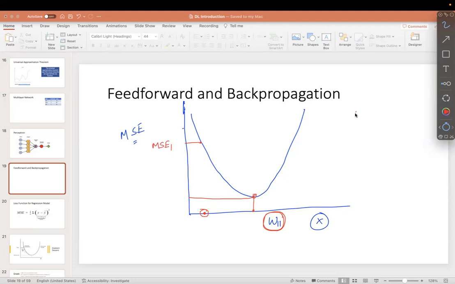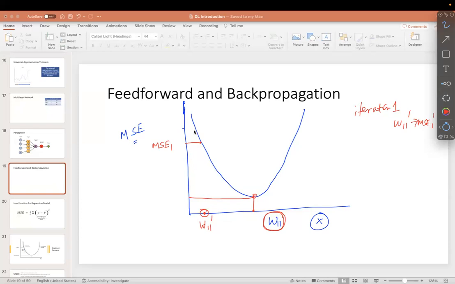Okay. That's the first iteration, iteration 1. I randomly initialize this value W11 dash, and I calculate the MSE function, and that was MSE 1. And then I know that my optimal value typically is to the right of this, right?